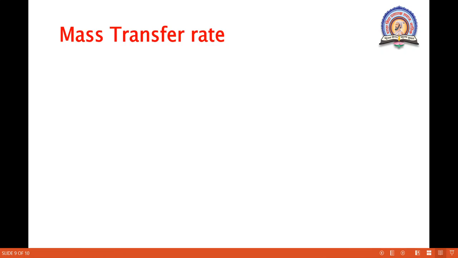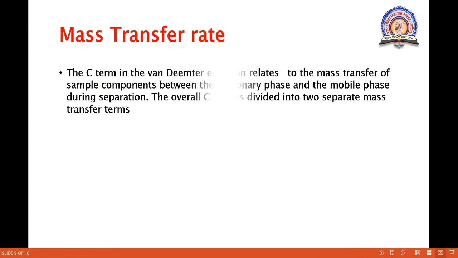Next is the mass transfer rate. In that equation, the C term stands for the mass transfer rate. The C term in the Van Deemter equation relates to the mass transfer of a sample component between the stationary phase and the mobile phase during the separation.